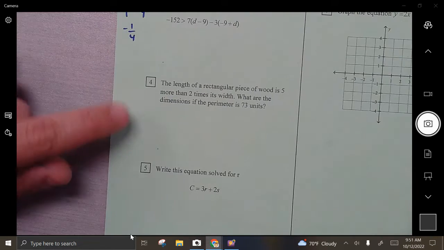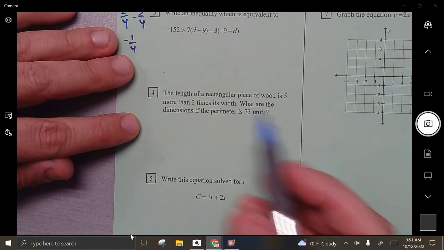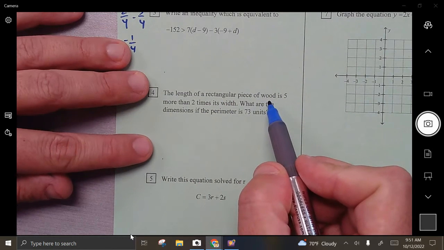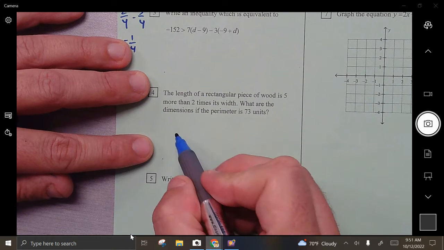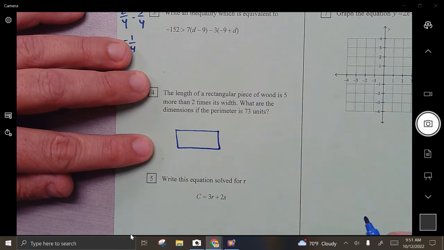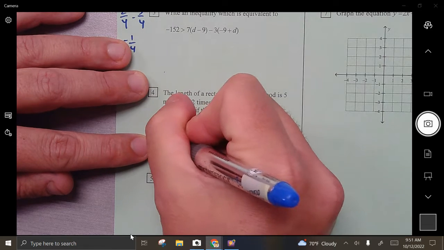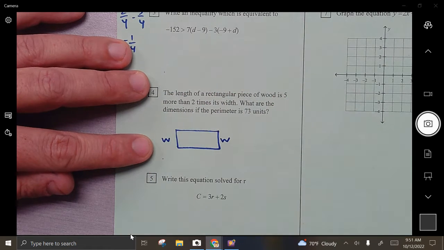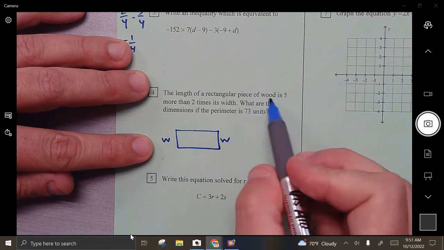And number 4. Number 4 I haven't talked about yet. The length of a rectangular piece of wood is 5 more than 2 times its width. We haven't talked about this yet. That's why I'm going to do it right now. Pay attention. So I'm going to say this is the width. What does it say the length is?